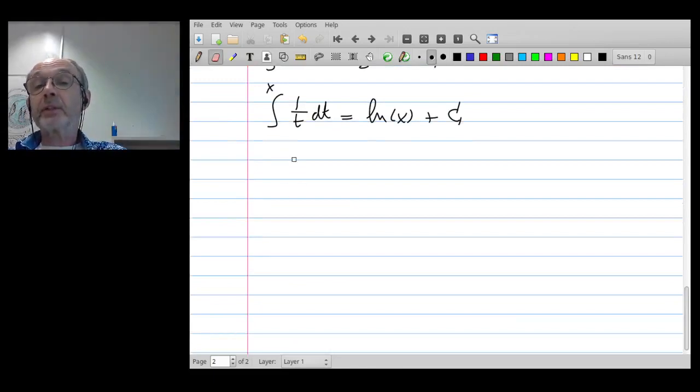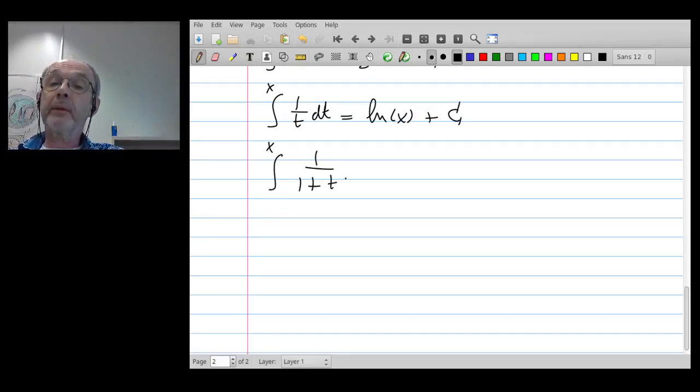For instance, the integral from an unknown lower boundary to x of 1 divided by 1 plus t dt. Now, think to yourself, what function can I differentiate to get 1 divided by 1 plus t?